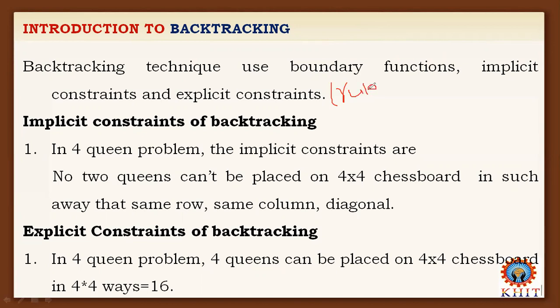You have to follow some rules in the given problem. The backtracking technique uses boundary functions. There are two types of rules here: implicit constraints and explicit constraints. What are they? We will discuss.